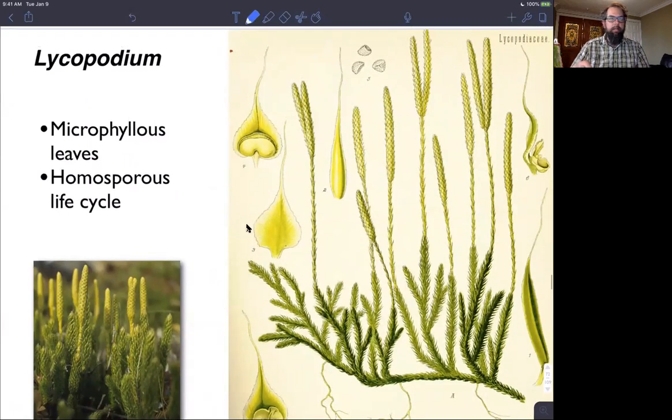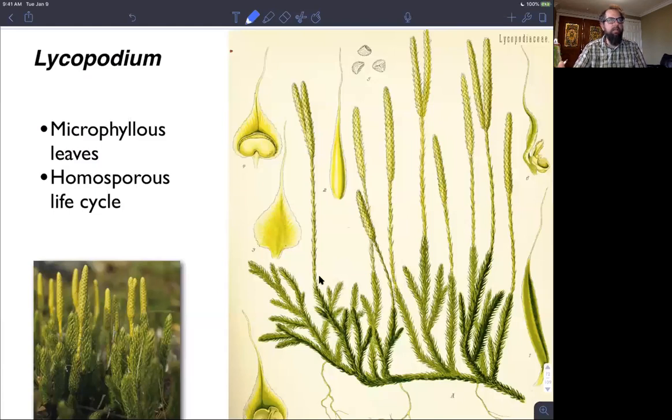Let's look at Lycopodium here as an example of that. This is one that grows around here in temperate regions, like I said. This is that ground pine, and we see the microphyllous leaves. Here's one of those leaves associated along these axes.